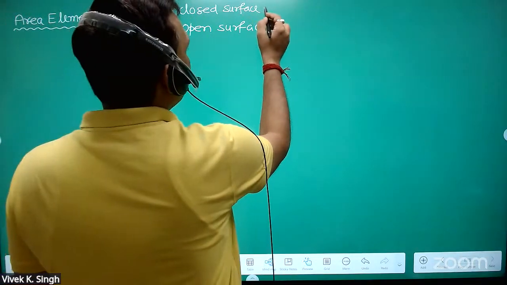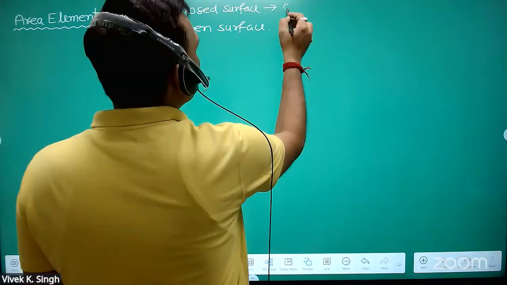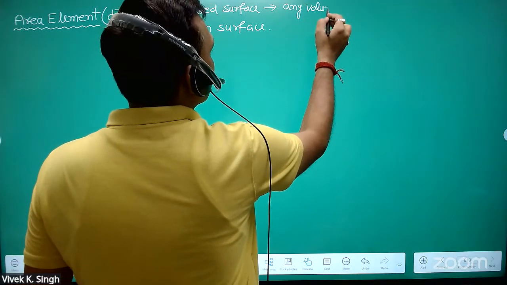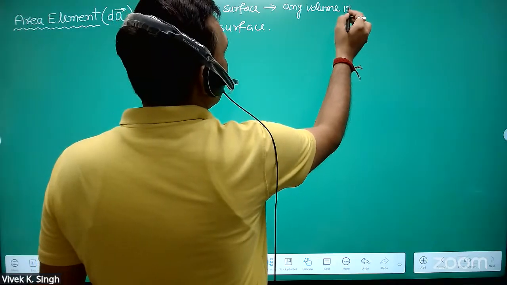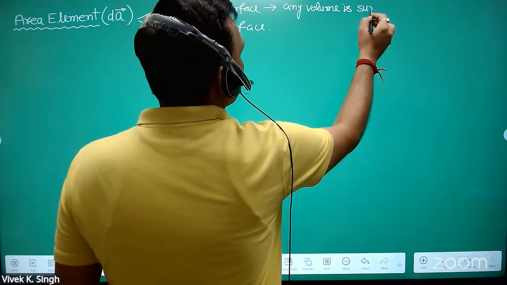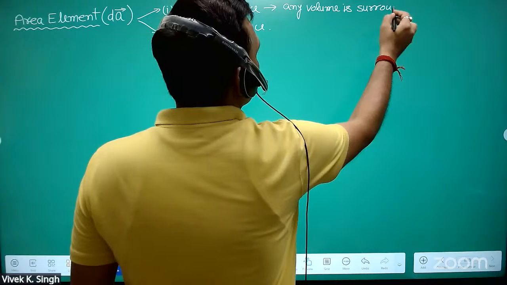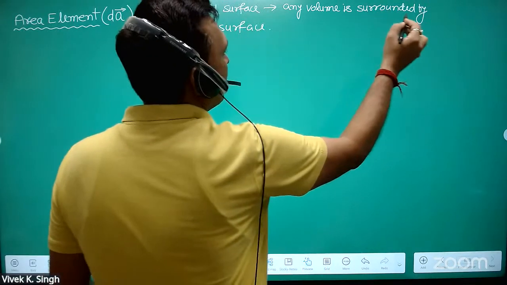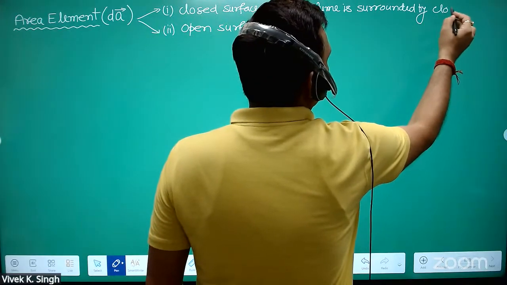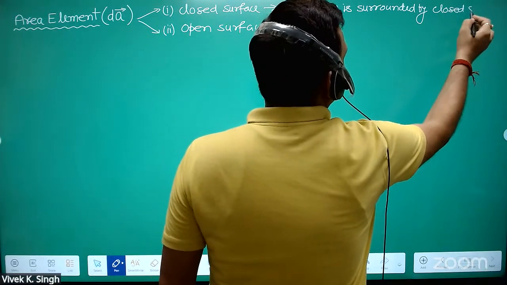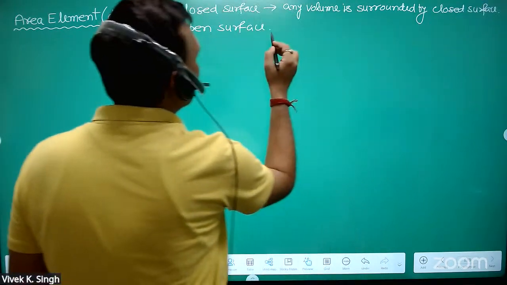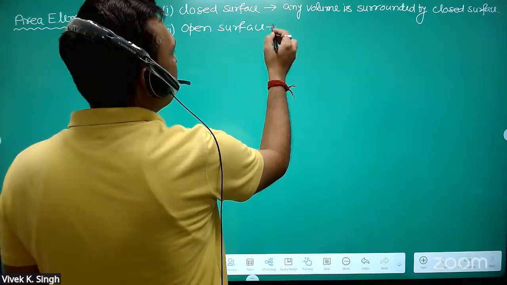So any volume is surrounded by a closed surface.